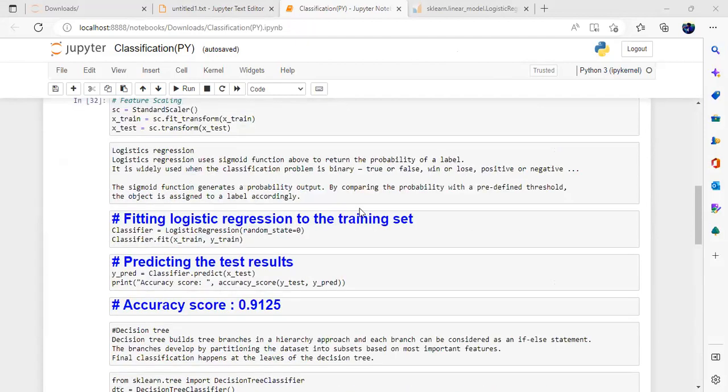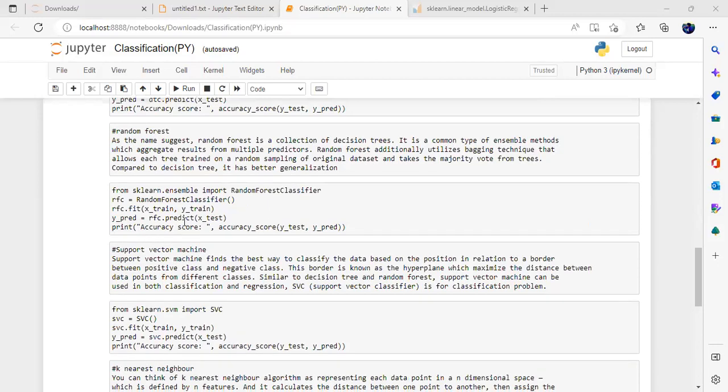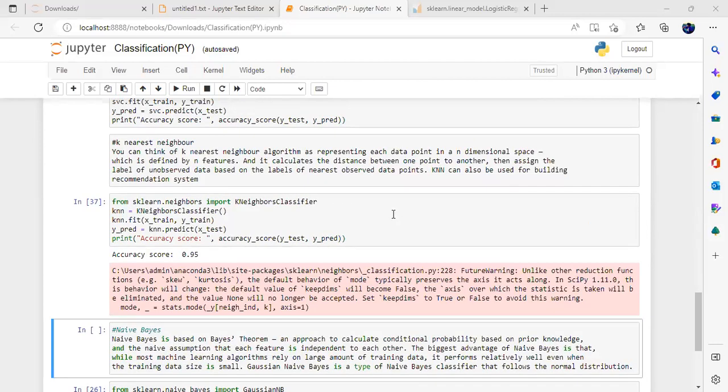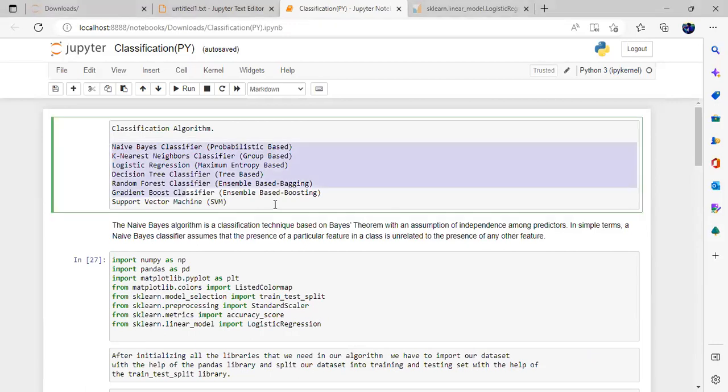Logistic regression is already done. So we will try to cover SVM and decision tree as well, and the terms related to them, in our upcoming lecture. Okay, so if you are aware of these 6 algorithms which belong to classification, that is enough for me for today.